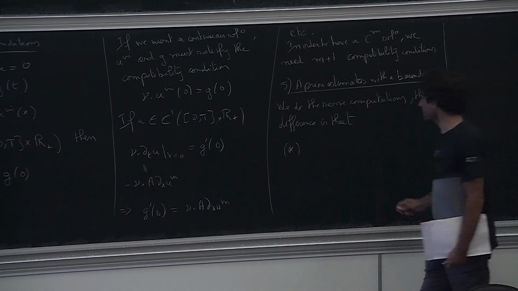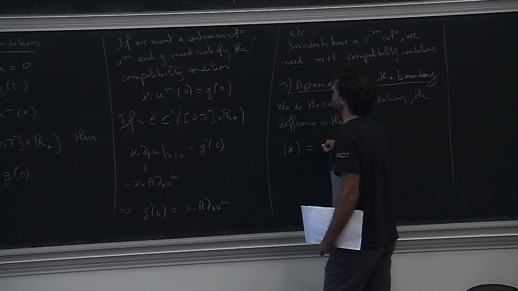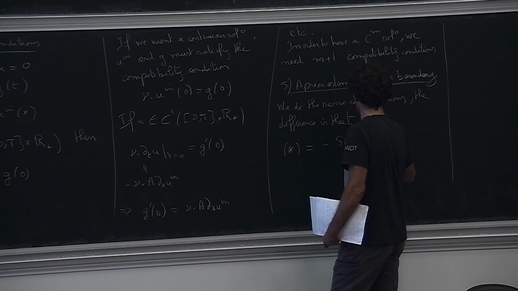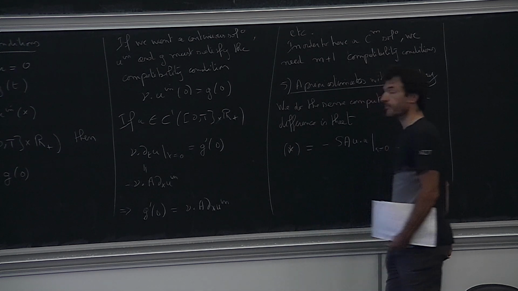The quantity star is equal to minus SA u scalar u evaluated at x equal to 0.